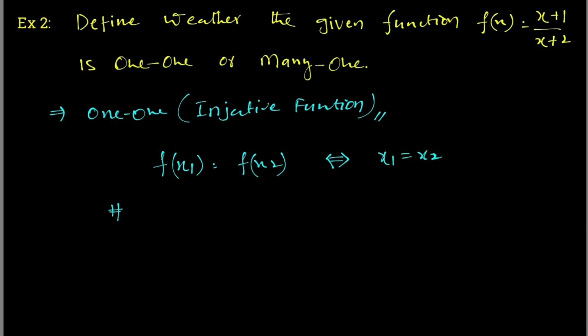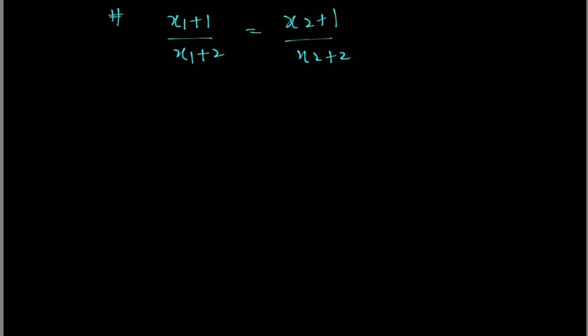So let me proceed with this condition first, that is x1 plus 1 divided by x1 plus 2 equals x2 plus 1 divided by x2 plus 2. Let me do cross multiplication on both sides so that I can write x1 x2 plus x2 plus 2x1 plus 2 is equal to x1 x2 plus x1 plus 2x2 plus 2.